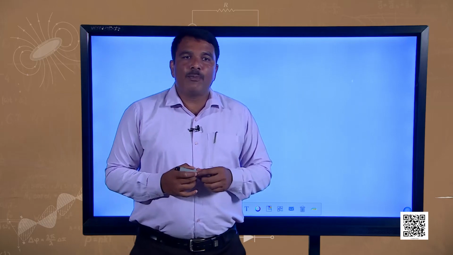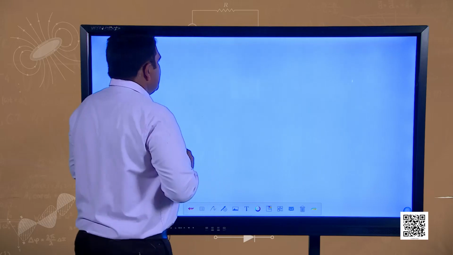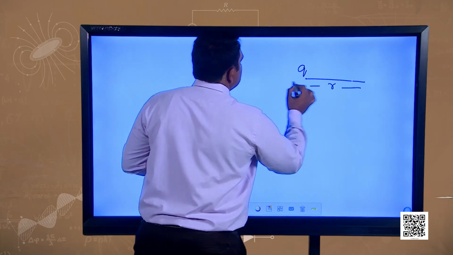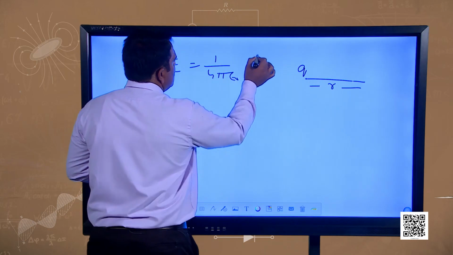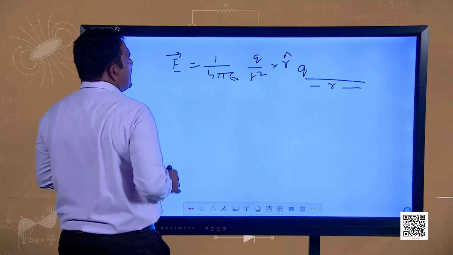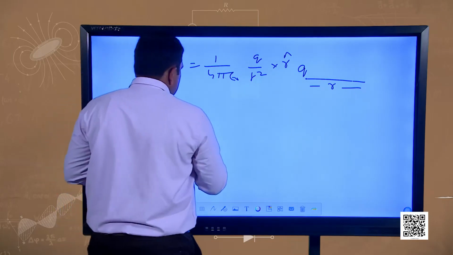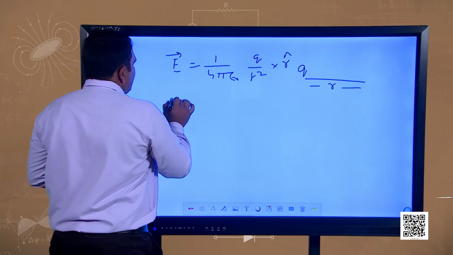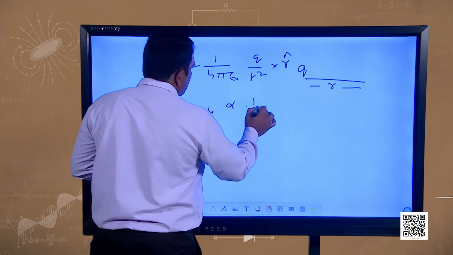Compare the electric field due to a point charge with electric field due to a point dipole. We know that electric field due to a point charge q at a distance r is given by the formula 1 by 4 pi epsilon naught, q by r square, multiplied by r cap, whereas the electric field due to a point dipole, whether you find it on axial line or on equatorial line, is inversely proportional to r cube.